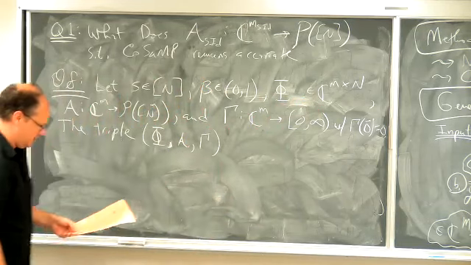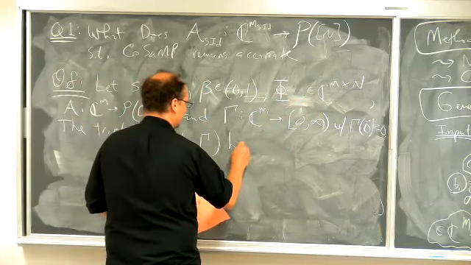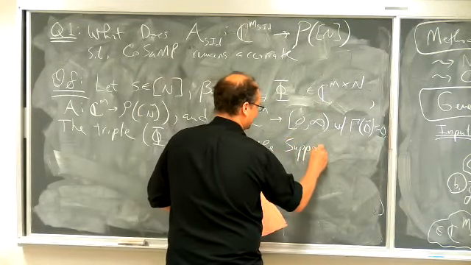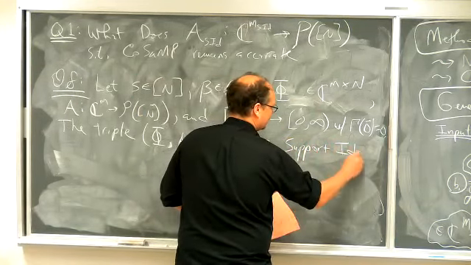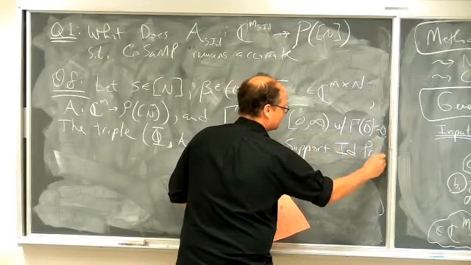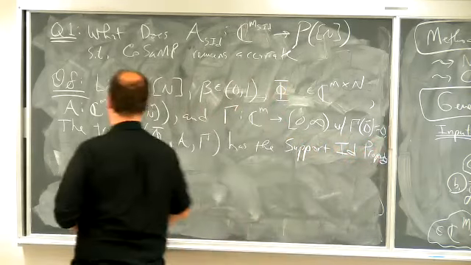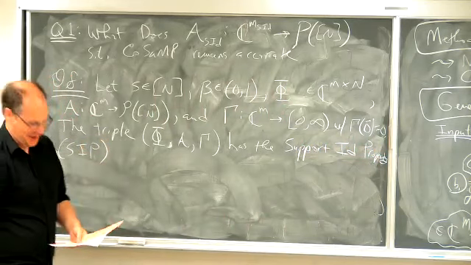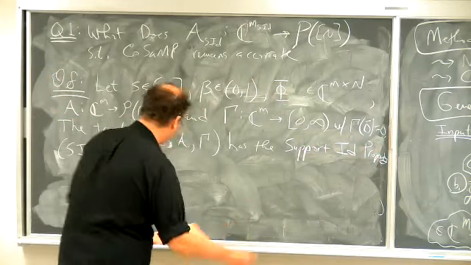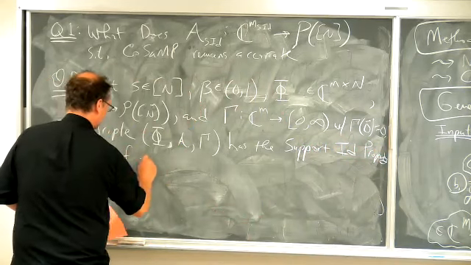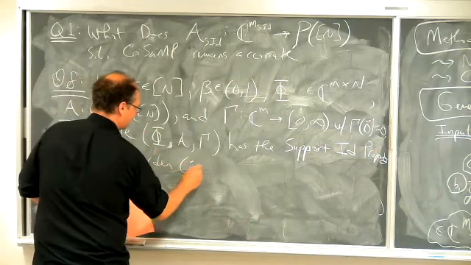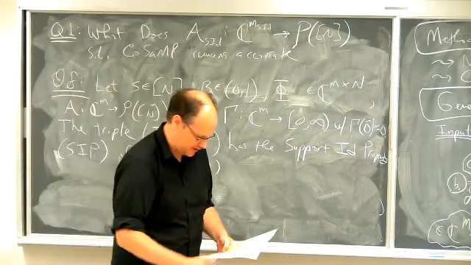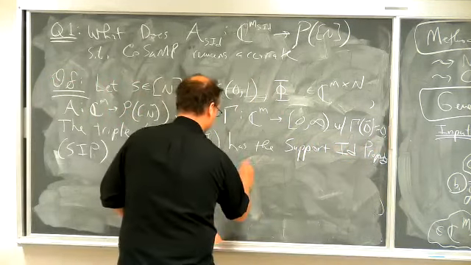I'll say this triple has the support identification property, or if you like, SIP, of order S, beta. So our sparsity and beta parameter come in if the following is true.